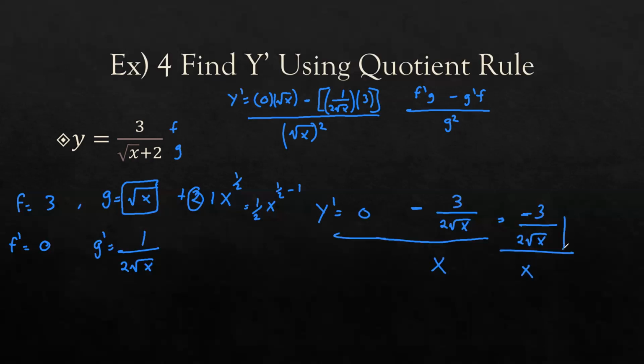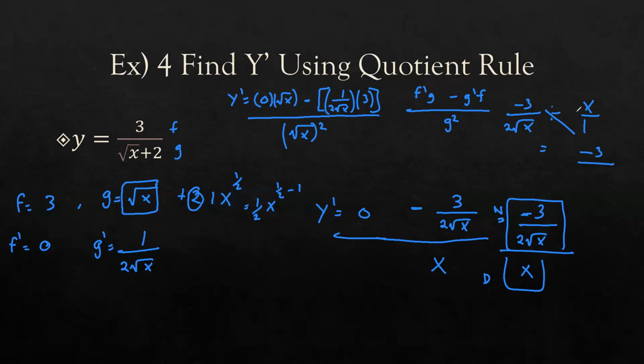So this is your numerator, and this is your denominator. When you have a complex fraction, you can rewrite it as negative 3 over 2 radical x, divided by x over 1. When you cross multiply, it's going to be negative 3.